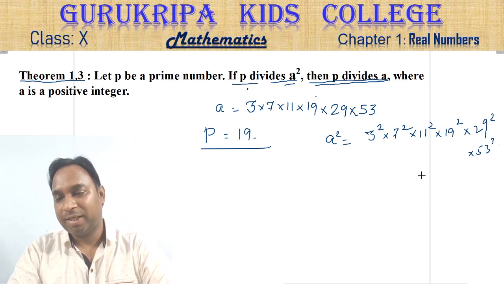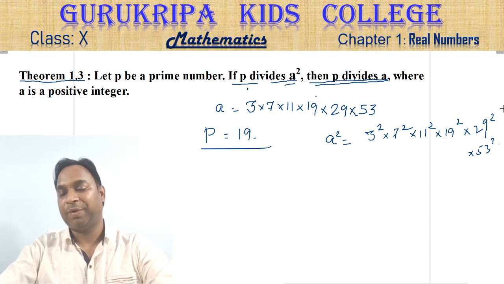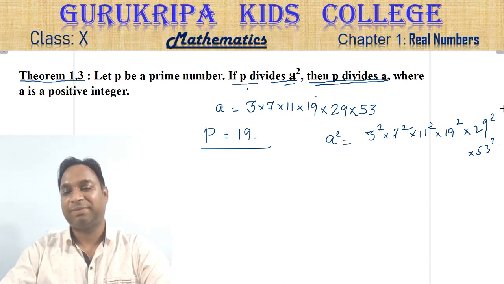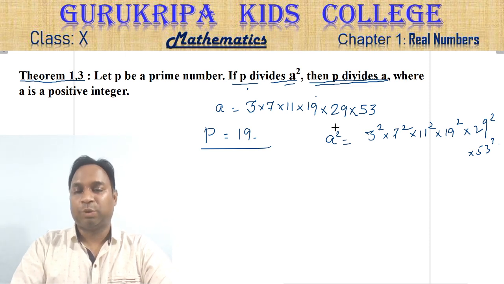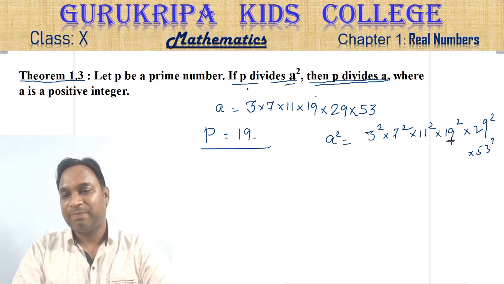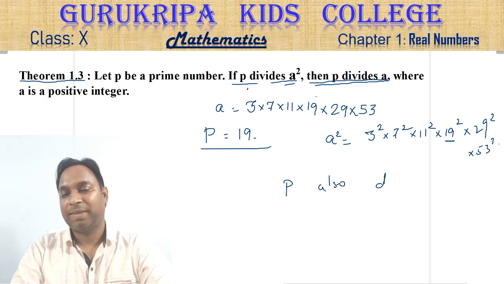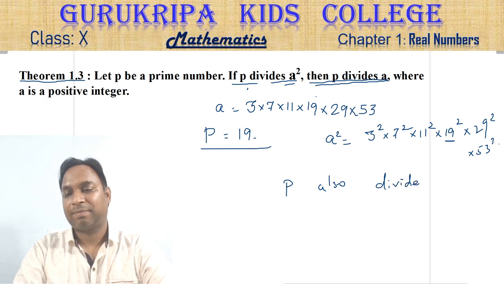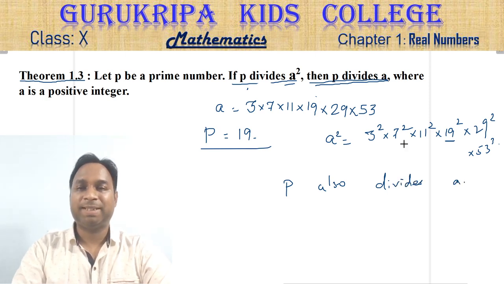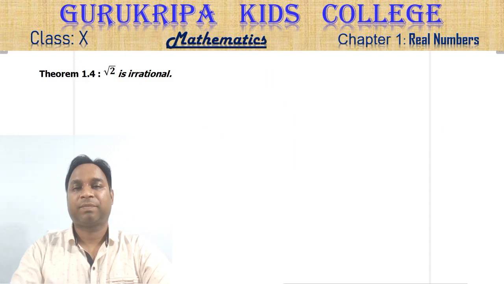If the number was multiplied out and it was a big number over here, it would not be so visible. That's why the theorem is required. So now P is dividing A square. If P is dividing A square, 19 square is here. That means P also divides A. Isn't it?